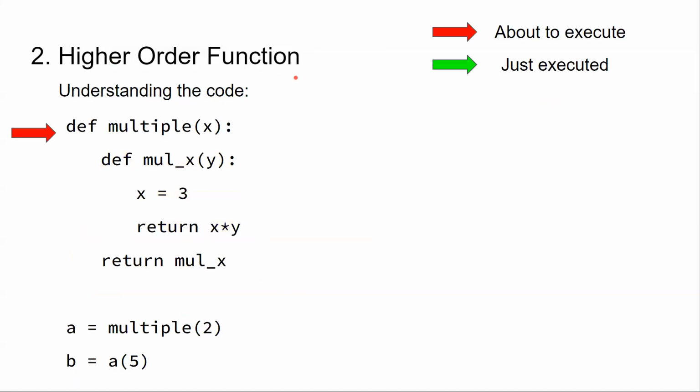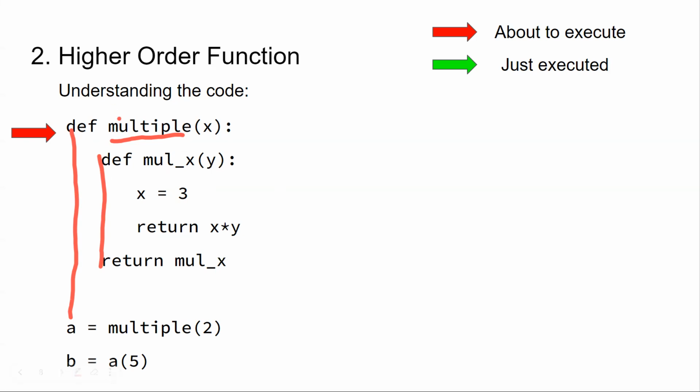To understand the code, we also use an environment diagram. So this is the global frame, and this is the code inside the function multiple. These codes are defined in frame one, created by multiple.